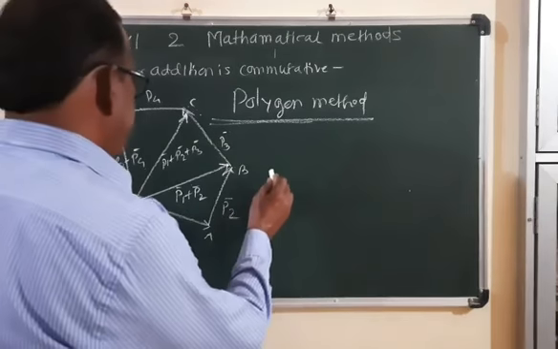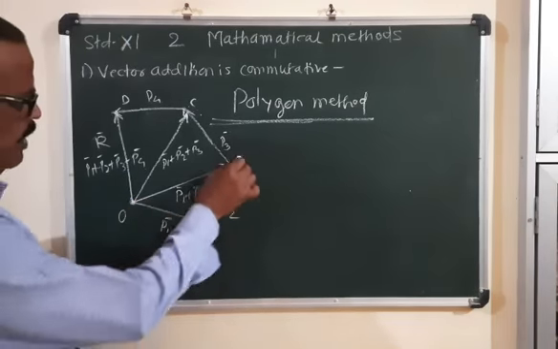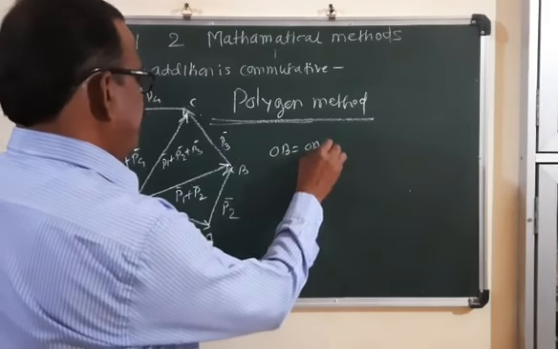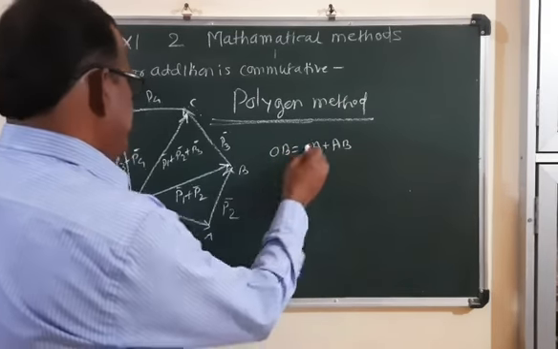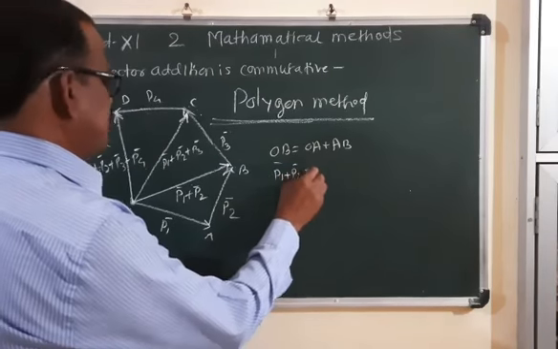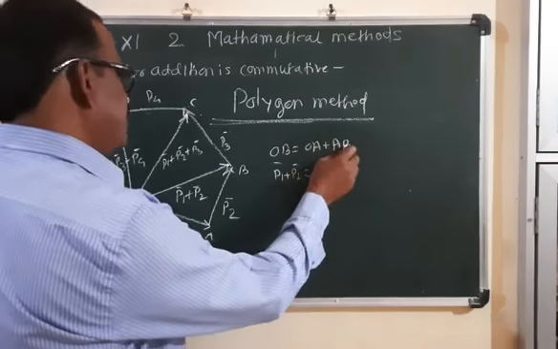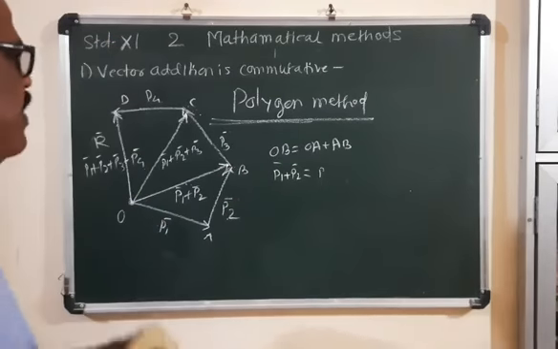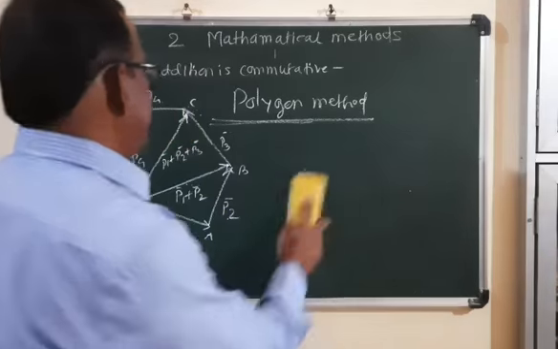Therefore, in triangle OAB, OB is equal to OA plus AB, that is P1 bar plus P2 bar.